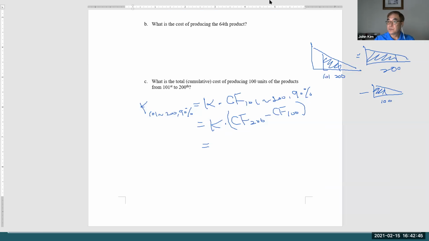The answer will be 20 times cumulative factor 200, which is 105, minus cumulative factor 100, which is 58.14.